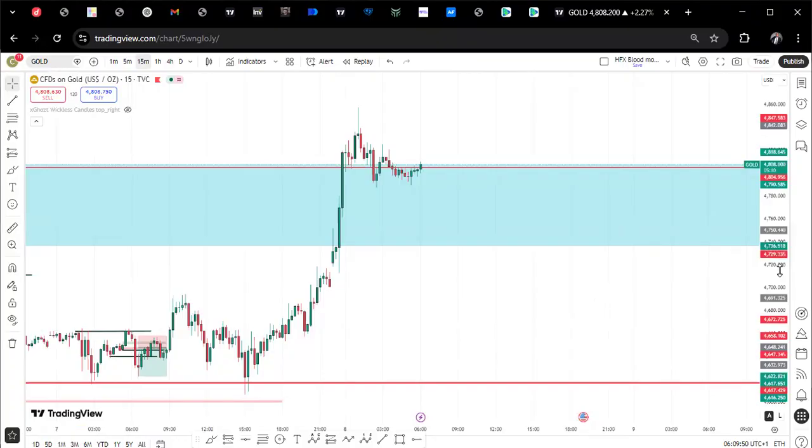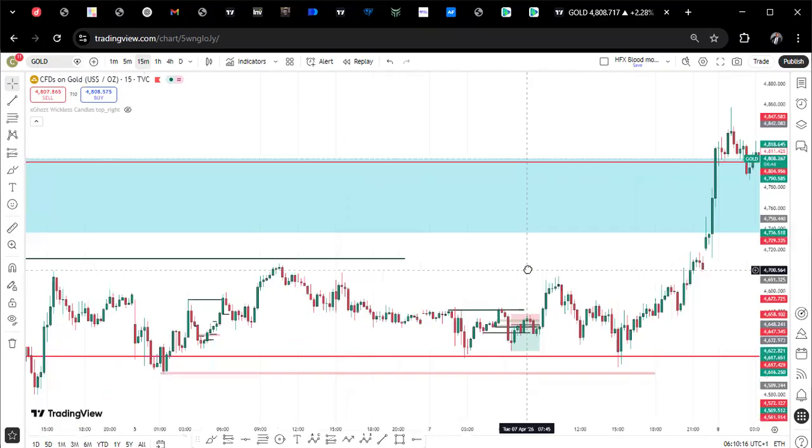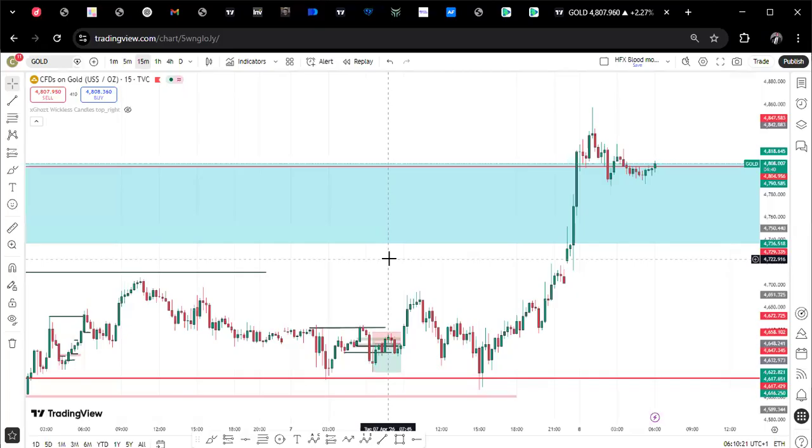Okay, so first things first, to know why TradingView is important. Before you trade, you must first understand where the price is going, right? So this is actually where TradingView and MT5 come in.